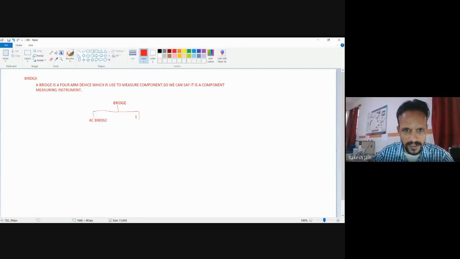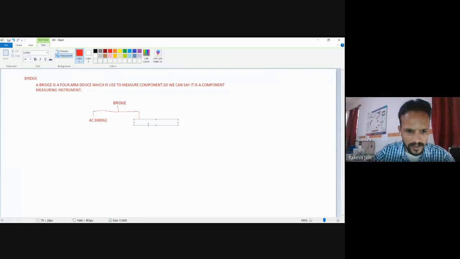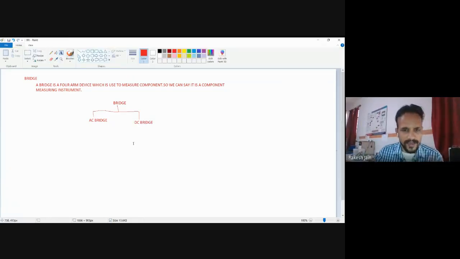AC bridges are those which use an AC power supply to operate them. DC bridges are those which use a DC power supply to operate them.